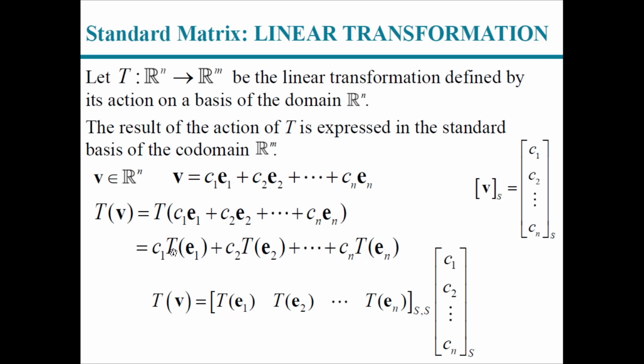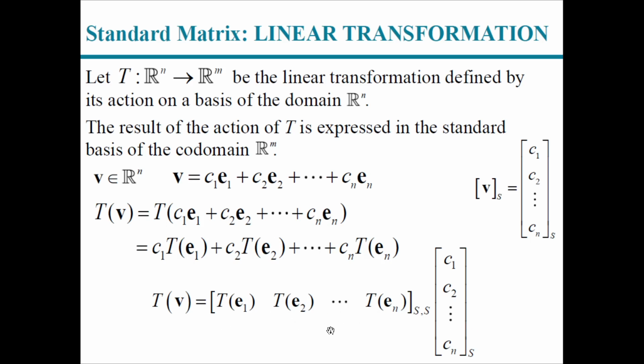If we put the image of the first standard vector under T in the first column, the image of the second standard basis vector in the second column, etc., then we get a matrix here, and we have the coordinates of the vector v in the standard basis, so c1, c2, cn. So T of v is actually just a matrix vector product. That's how we figured out that we have the image as a matrix vector product.